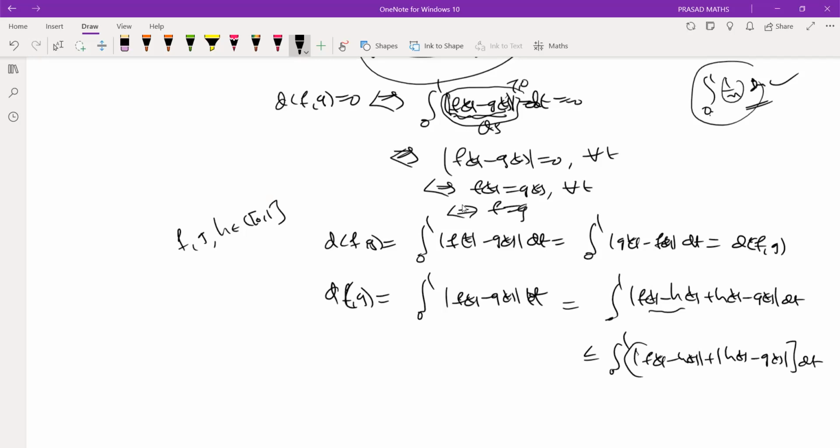The integral of the sum is equal to the sum of the integrals. You know that in basic real analysis, in Riemann integration, the integral of the sum is always the sum of the integrals. So this is nothing but d of f comma h plus d of h comma g. So the triangle inequality holds. Therefore it is a metric.